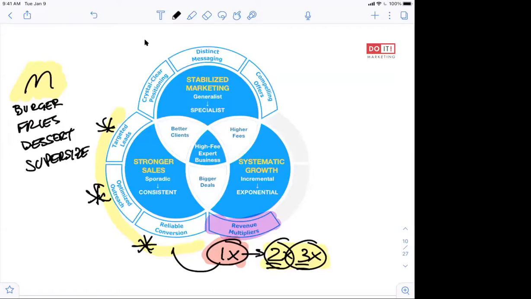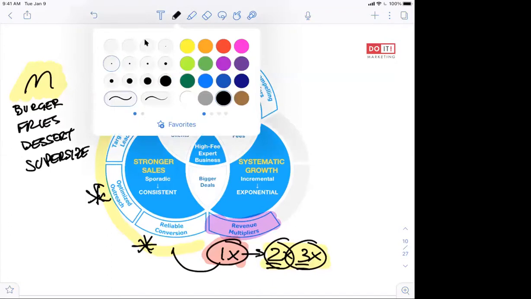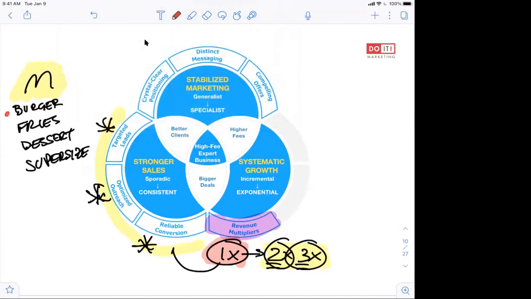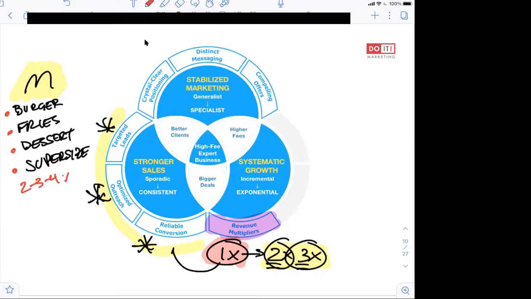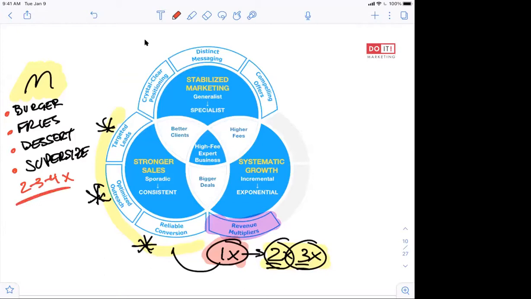So you are making one trip. You are making one trip into Mickey D's, and you are buying multiple things that 2 or 3 or 4x the value of that transaction. Of course, they want you to come back. You're going to come back next week and next month and next year, and eventually you're going to buy 100 hamburgers from them.